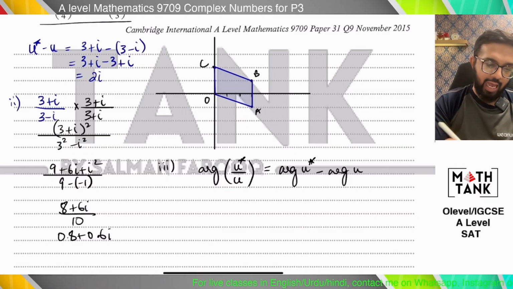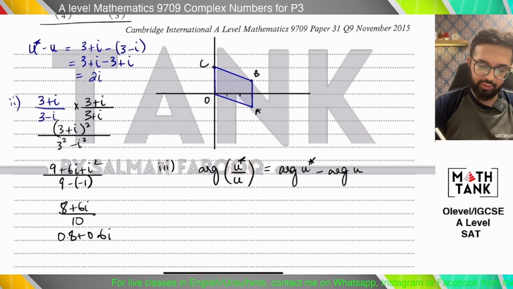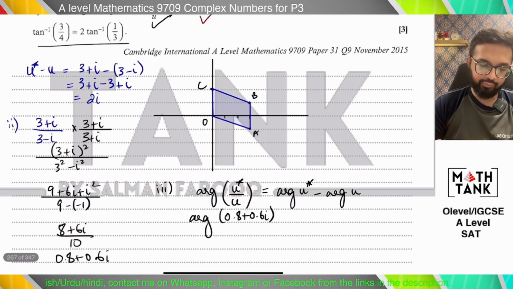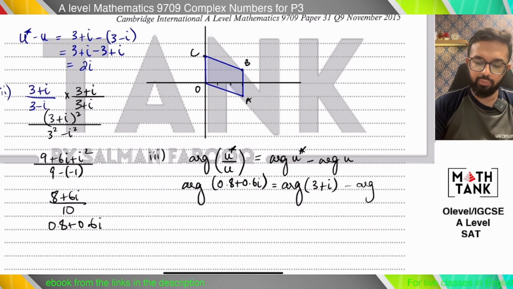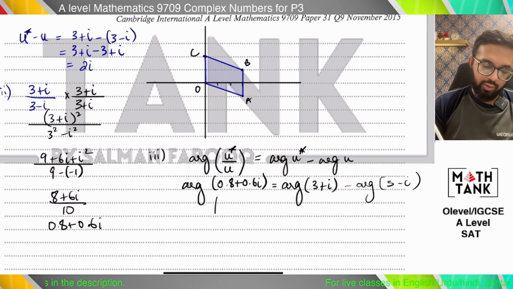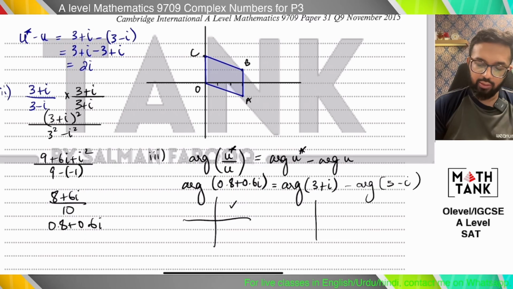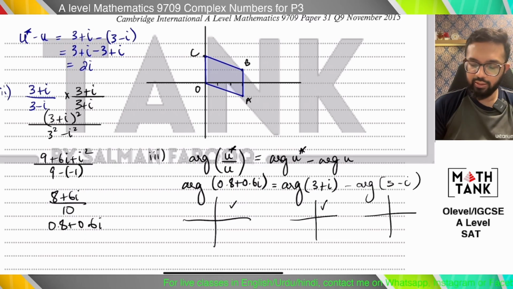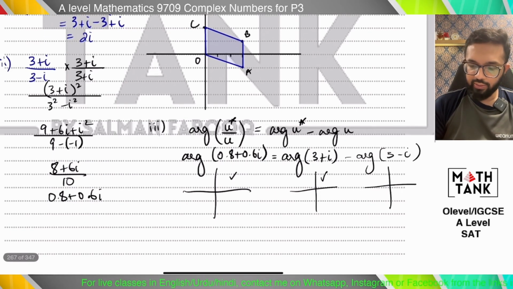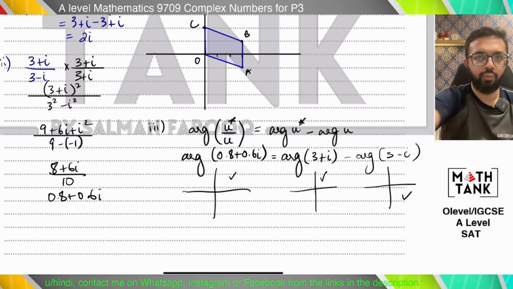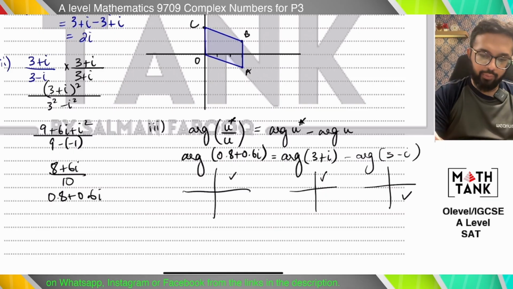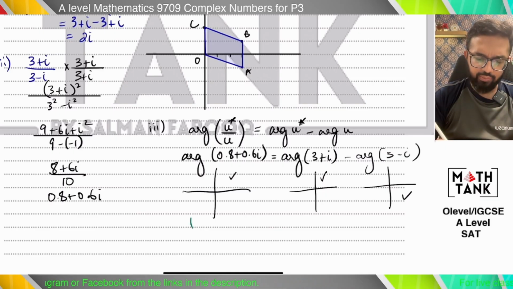Now I already have this number, so can I write down that I'm talking about argument of 0.8 plus 0.6i into argument of basically 3 plus i minus argument of 3 minus i. What quadrant is this? This is the first quadrant. This is also the first quadrant, and 3 minus i would be in the negative quadrant 1 or quadrant 4 for that matter.